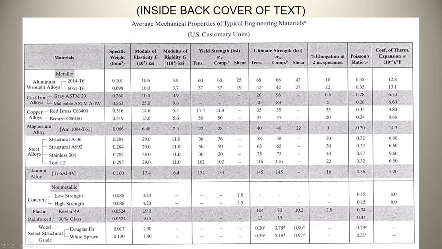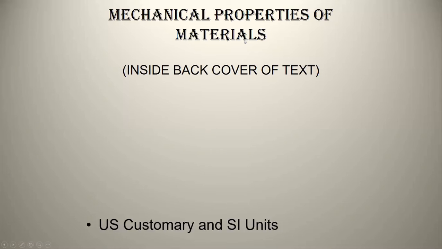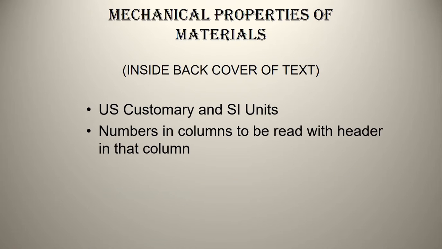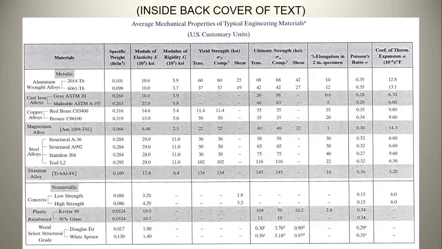Now, the thing to note is that there are two tables in the back of the book. The first one is in US customary units, and the other one is basically in SI units. The important thing is that you should consult the right table.